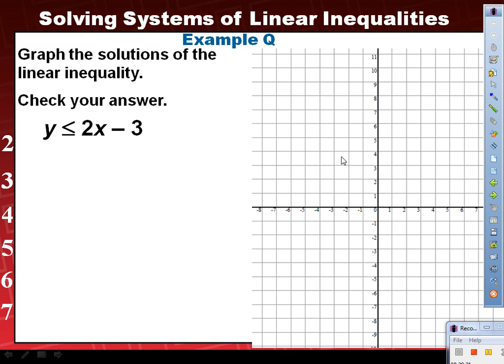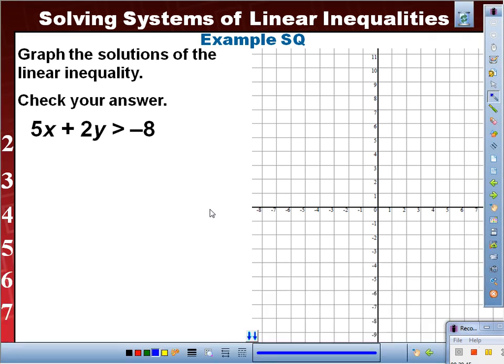Now, before we get to systems, look up to the screen really quick. Don't copy this. What if I gave you something like this? Oh no. To graph that using slope-intercept form, what would I do? Tell your neighbor, please. Put the x on the opposite side. That is correct.